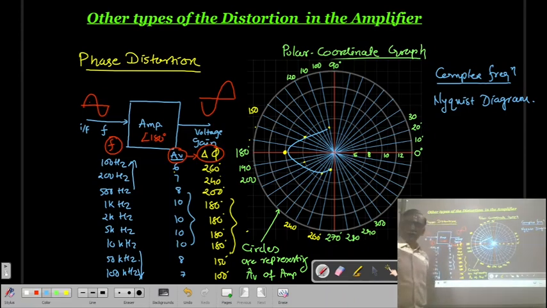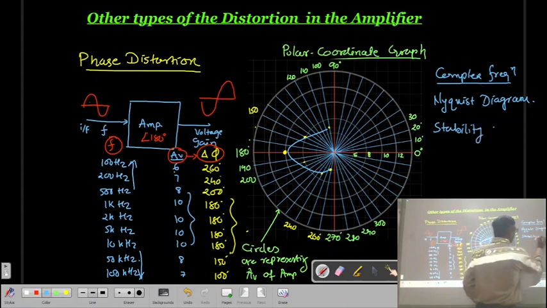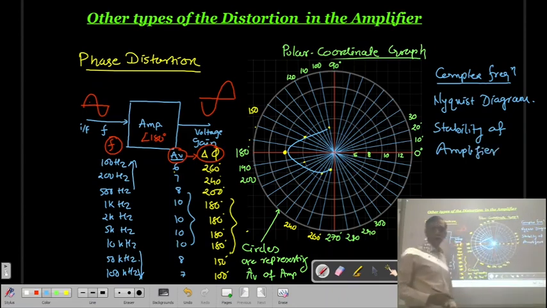But this diagram we are not going to discuss here. It is out of the scope for you. But what is the importance of this diagram? Through this diagram, you will come to know about the stability of the amplifier.